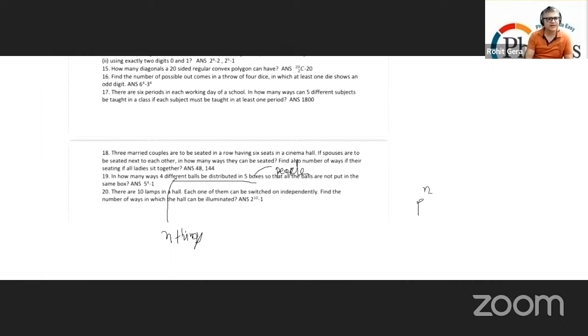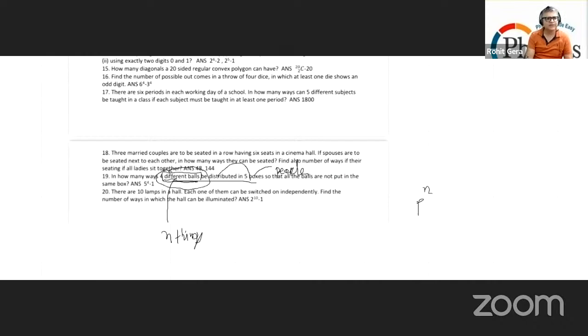So if you notice here, you have to distribute 4 different balls among 5 people, so to say. So these are the 5 people. These are different balls, so they are distinct objects. So if it is distinct, it is p raised to power n.